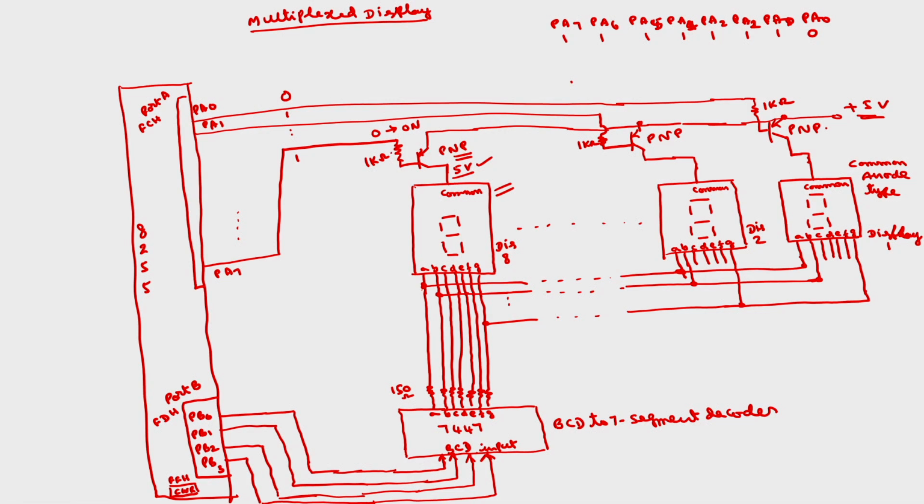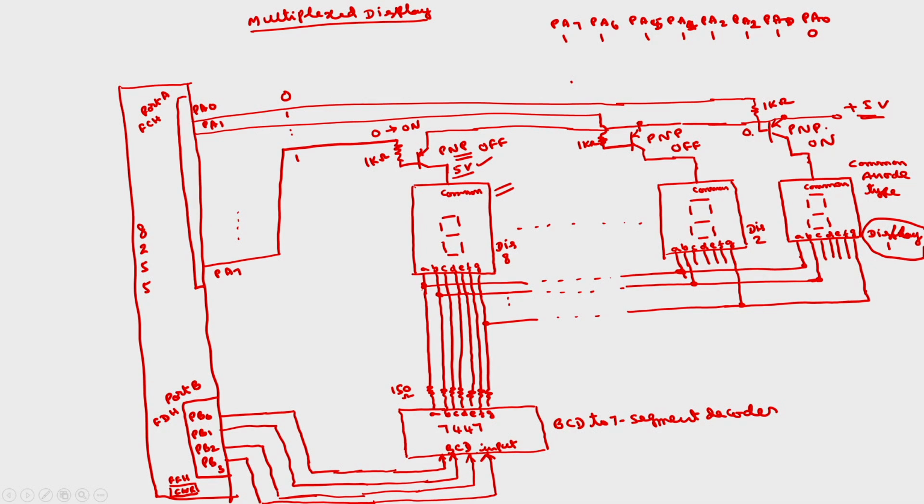So only the last display will receive logic 0 and be on, and the remaining will be off, because we send logic 1, which means the transistor acts as an open circuit. Now the last digit, display 1, will be selected.